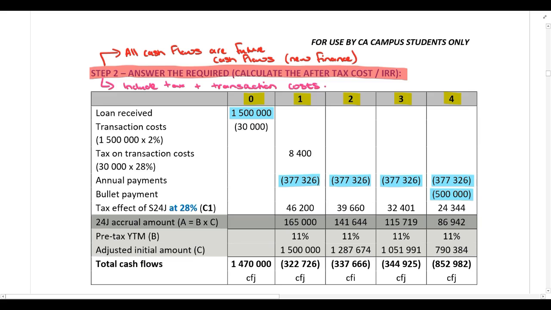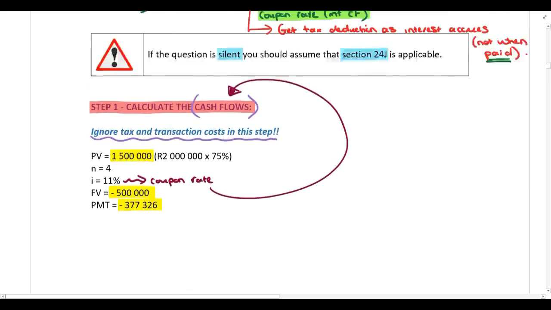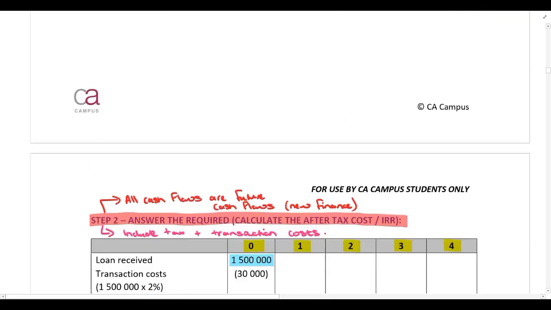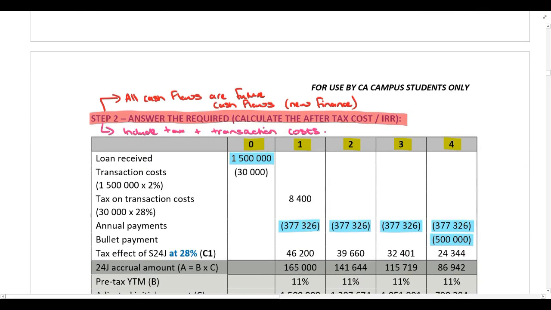So let's start with the transaction costs. There are 2% transaction costs payable immediately. So as soon as the company enters into the loan agreement and they get the 1.5 million Rand, they're going to have to pay 2% transaction costs. Obviously, that's an outflow. Simple calculation.